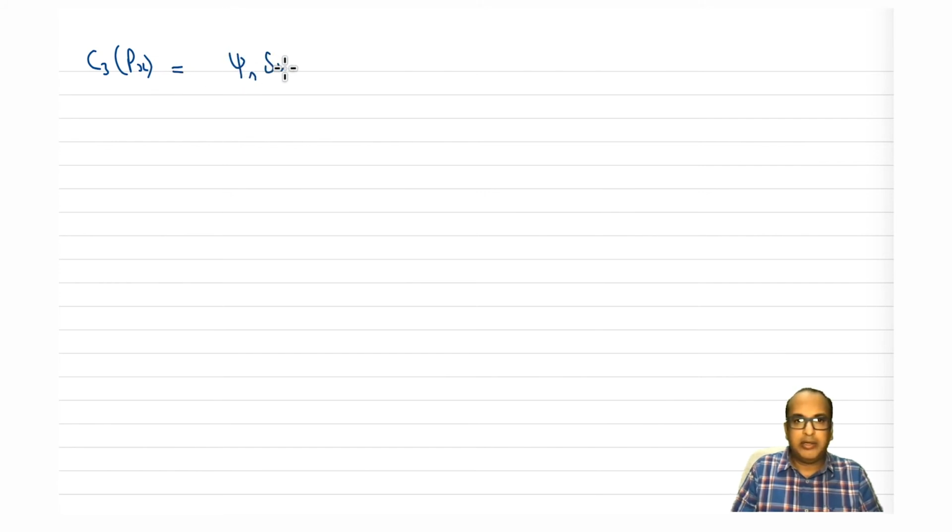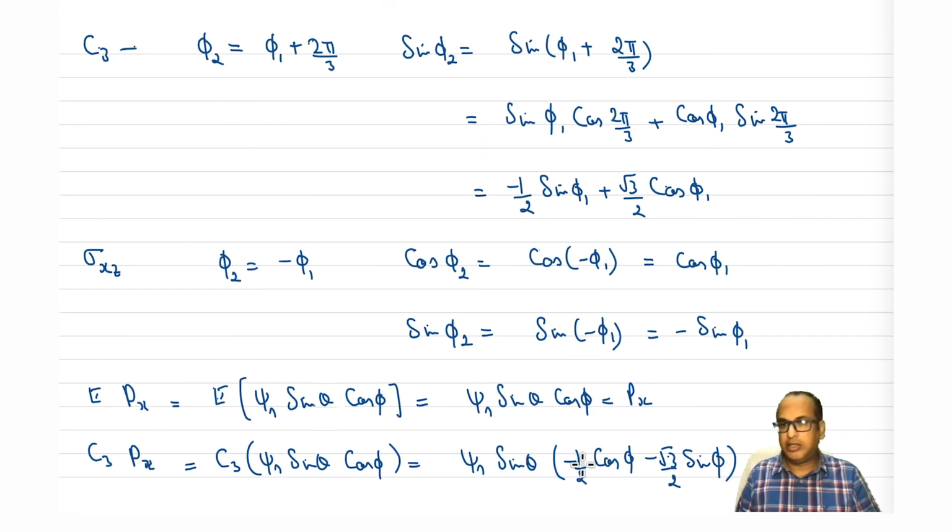Okay, now I can expand this further and I can say that C3 onto Px will give me psi r sine theta, minus half can come out and this will be cos phi 1, and minus root 3 by 2 psi r sine theta, and we will have sine phi 1. So all I have done is I have just expanded this bracket over here to get this.